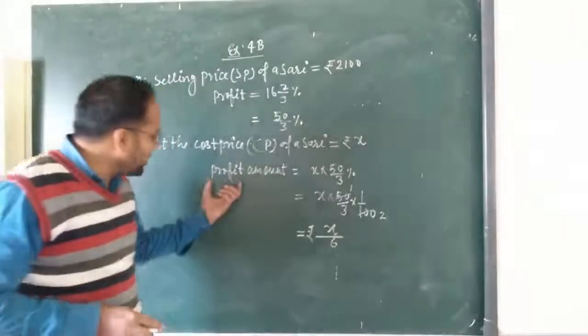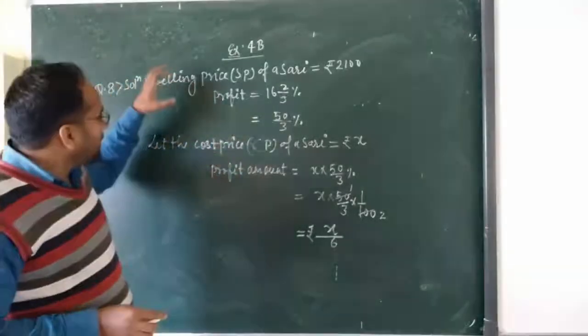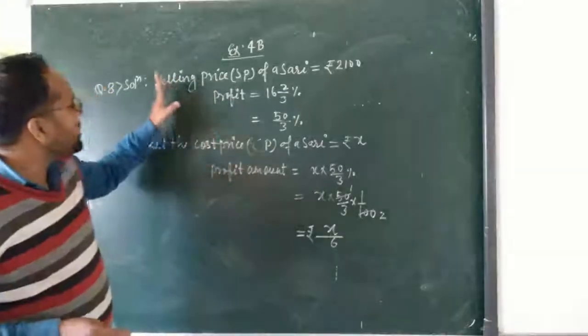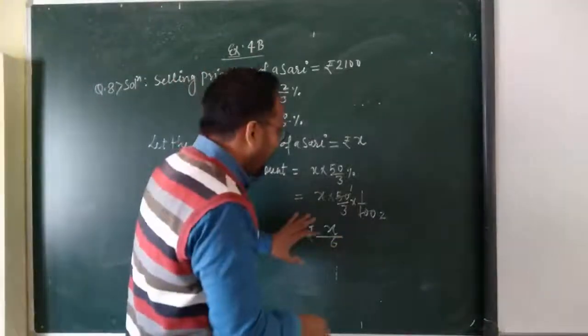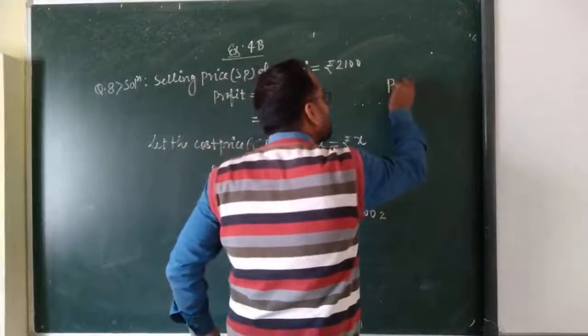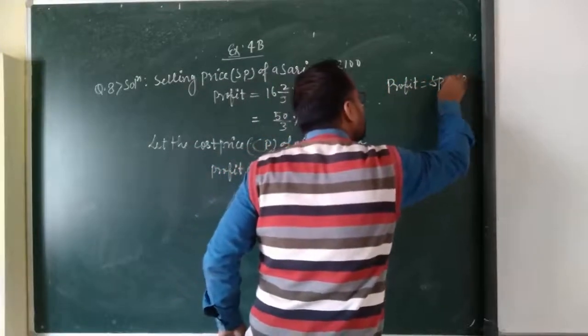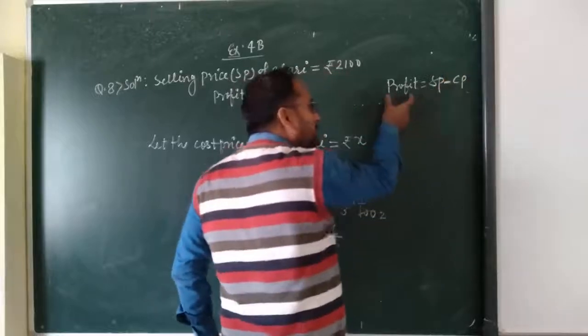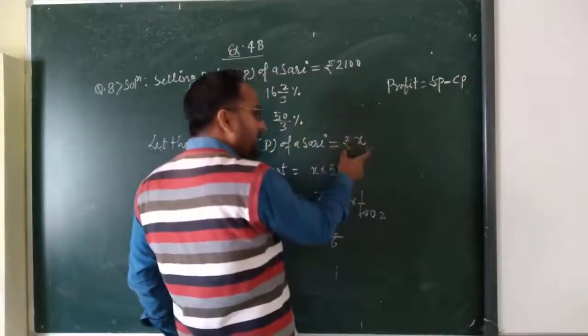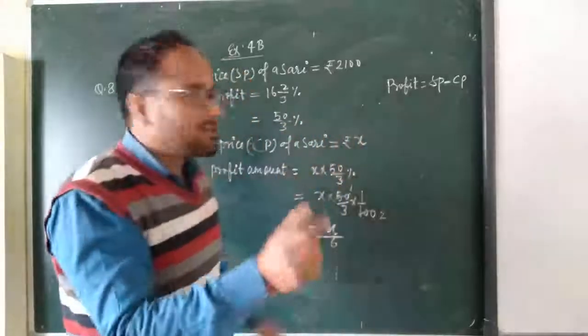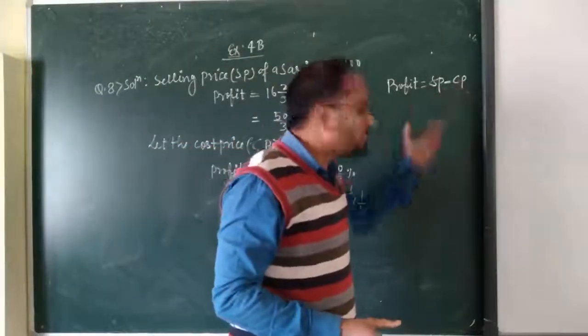And you know that profit means selling price minus cost price. Profit is equal to SP minus CP. But you know that SP is given, the profit amount you have found, and you have supposed that cost price is X. So our aim is to find out the cost price.